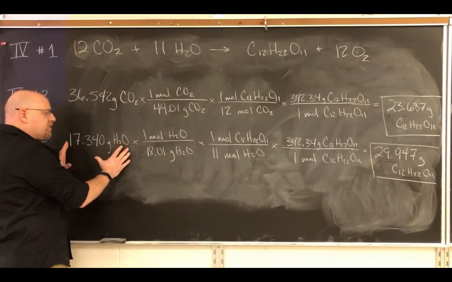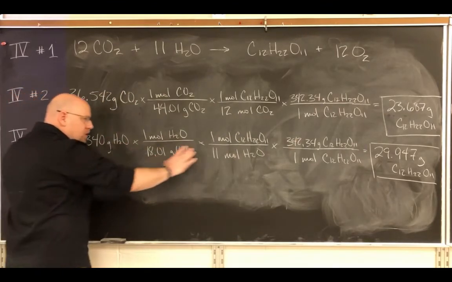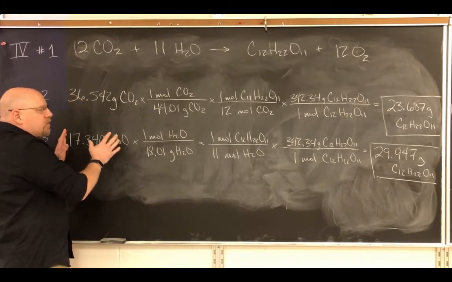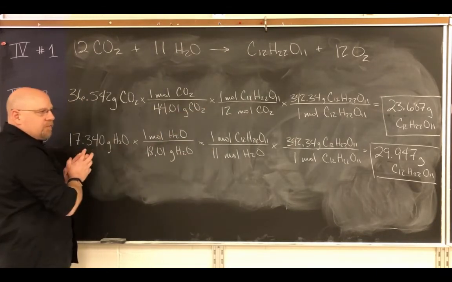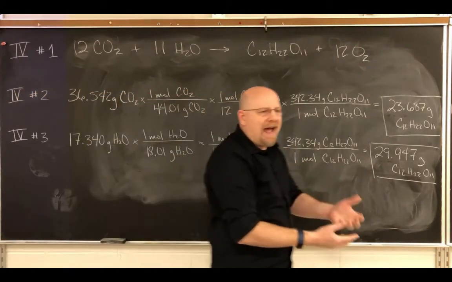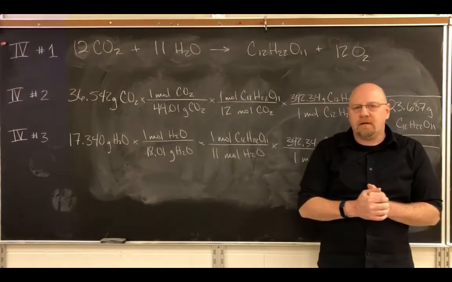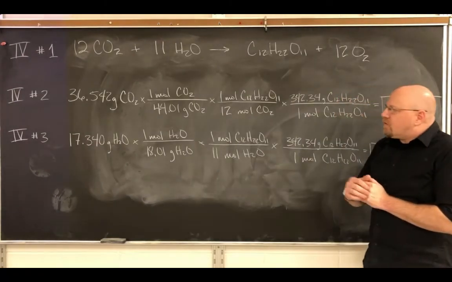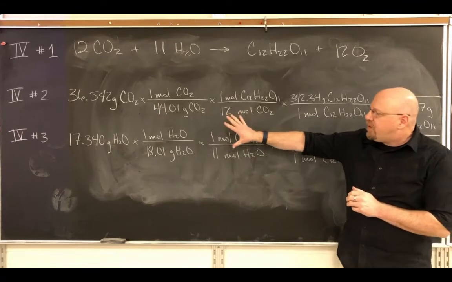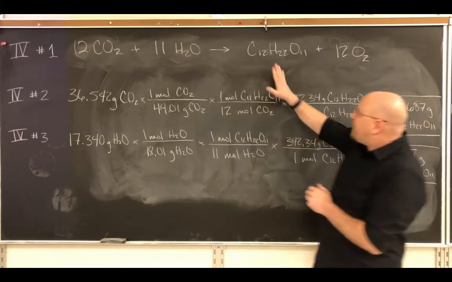We would have this amount of water. It could make 29 grams, but it can't. It's limited to making 23 grams. So we will have some water left over. That's called an excess reactant. By looking at both of these problems, we solved for the same compound.